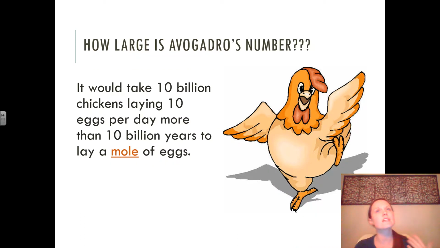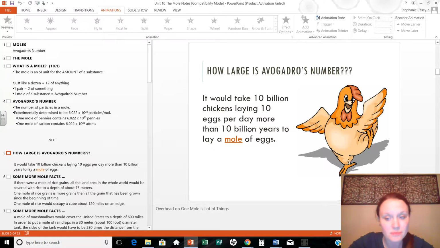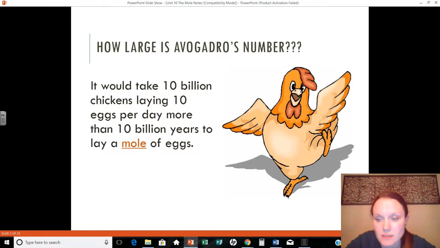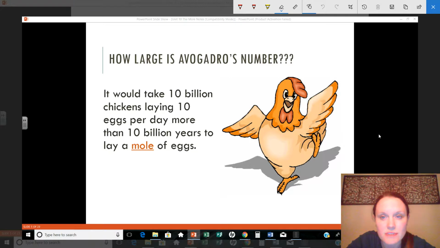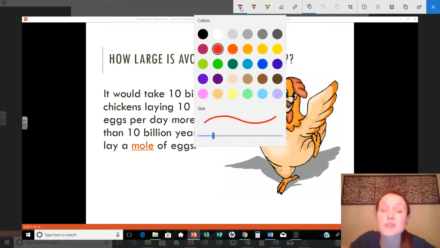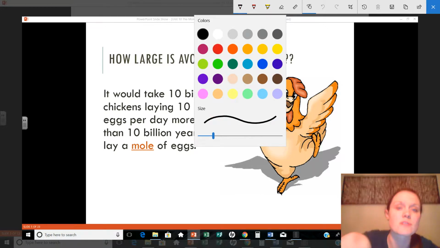All right, so let's try to understand how big Avogadro's number actually is, because it's a rather large number. I'm going to write it out for you here just so you can see how large 6.022 times 10 to the 23rd is.